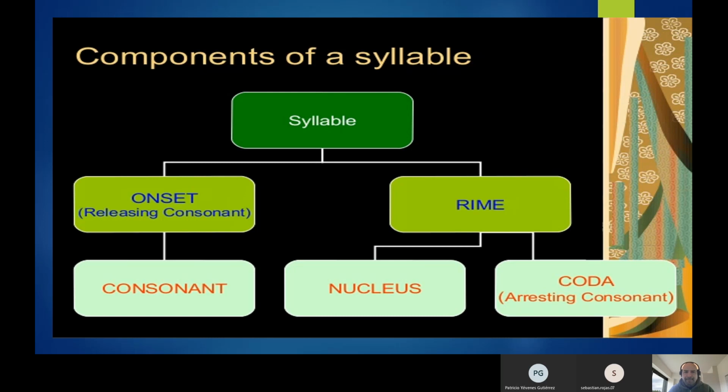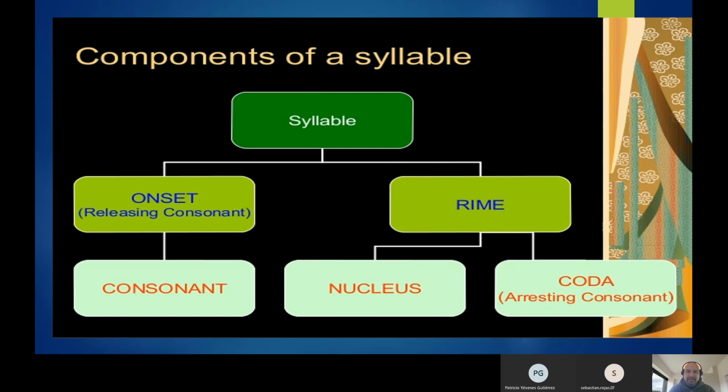So just as a quick reminder, every syllable has a nucleus or a peak. If there's no nucleus or vowel sound, basically, there's no syllable. The onset or the coda, they are optional.